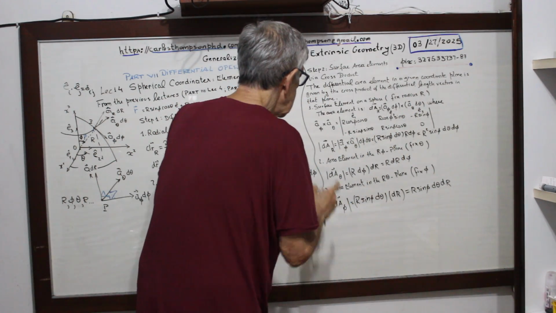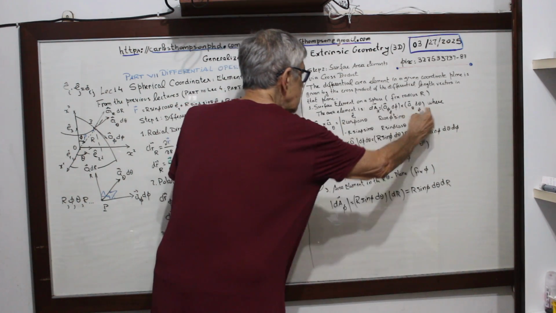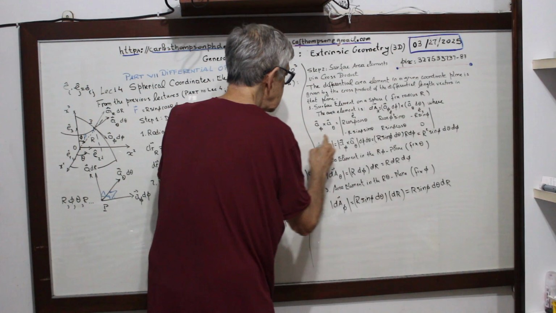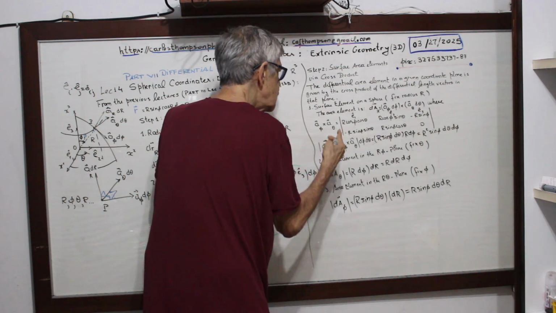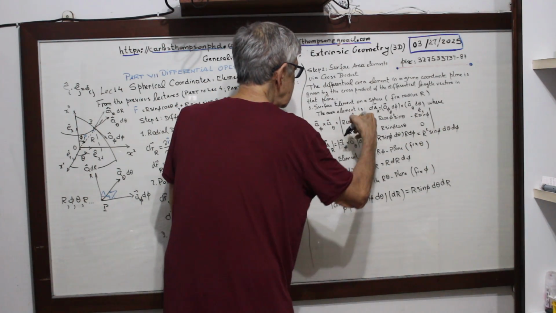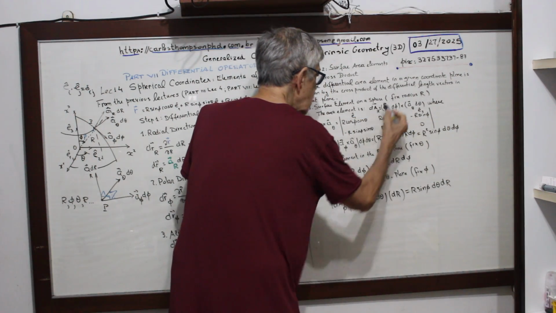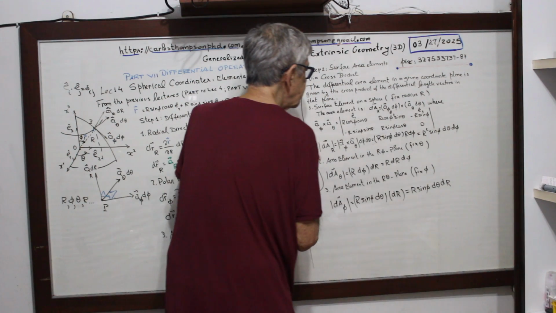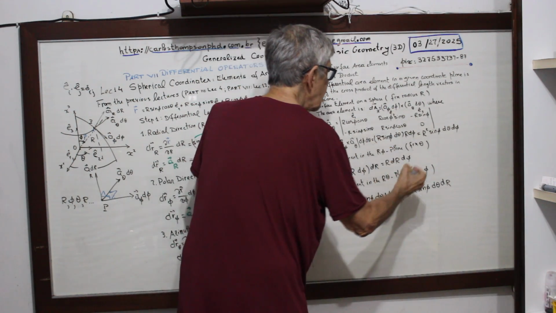Now, I just want to expand this determinant, A phi cross A theta. It's easy. You cross here, cross there, and this is E1. Then you cross the column and the row, and you get E2.